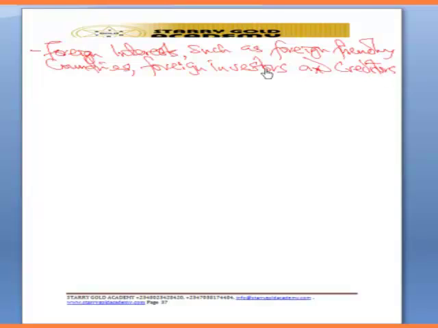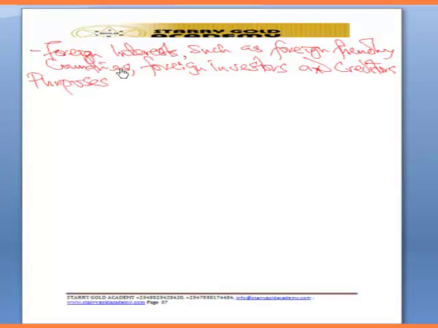We have creditors. Another important thing to be looked at under this question is the purpose for which the reports are required. This report, why is it required?